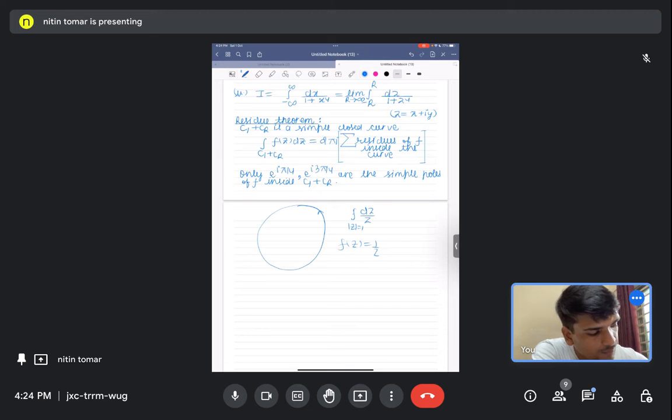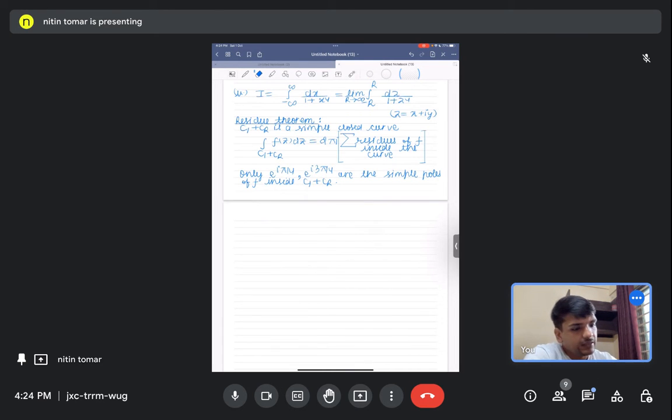There is only one pole at 0, and the residue of f at 0 is 1, since the coefficient of 1 by z is 1. So this will be 2 pi iota times the sum of residues, which is 1, so it will be 2 pi iota. This is how you use the residue theorem.